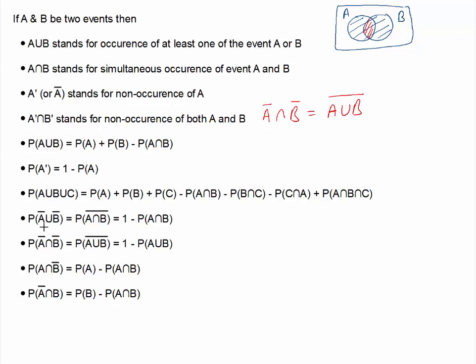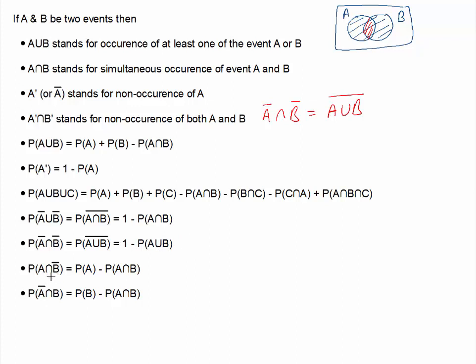Now next is probability of A complement union B complement equals probability of A intersection B whole complement. So this is De Morgan's law. Now we know probability of A intersection B whole complement would be equal to 1 minus probability of A intersection B. Similarly, we have this formula.